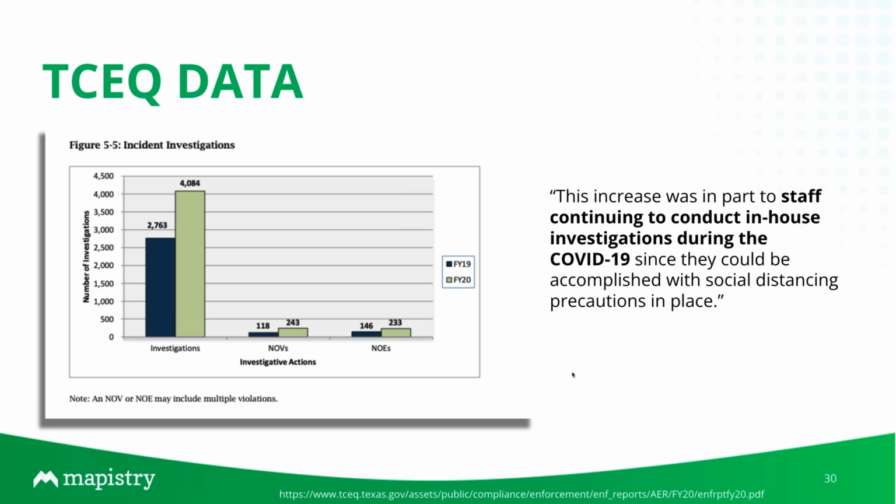The other thing is tying back to the COVID impacts on enforcement, looking at Texas data. They published an annual report looking at the number of investigations. Look at the jump from 2,700 in fiscal year 2019 to over 4,000 in fiscal year 2020. That trend is likely to continue.